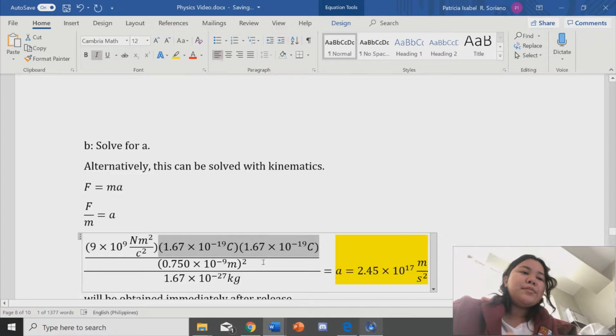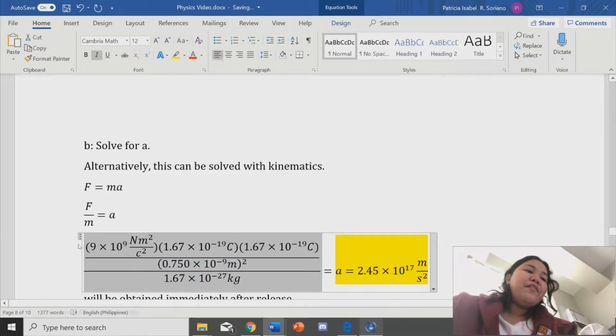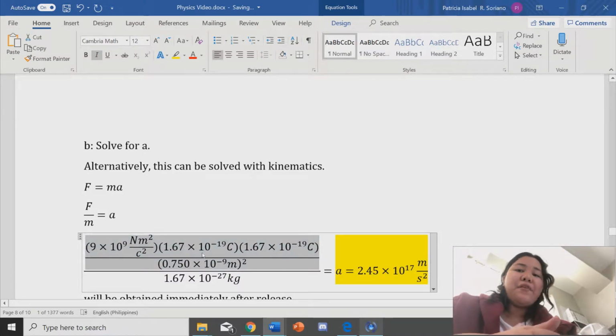And this is the distance squared of the two protons initially, which is the 0.750 times 10 raised to negative 9 meters squared. And that's basically our entire Coulomb's law formula that's equivalent to our electric force. Again, in our problem, they say that it's the only force affecting the two protons.